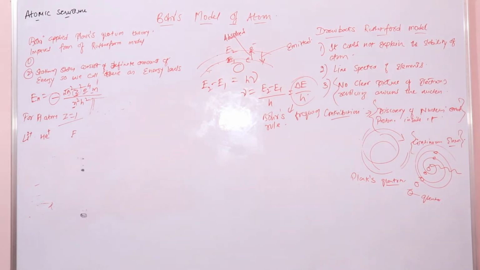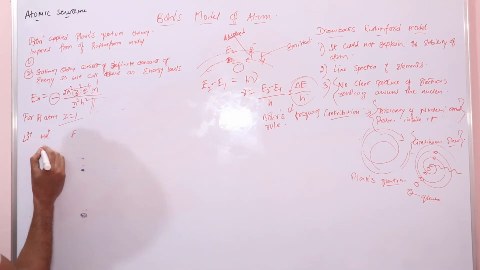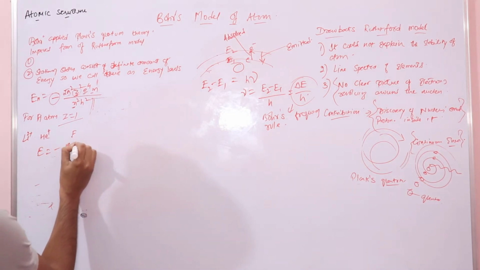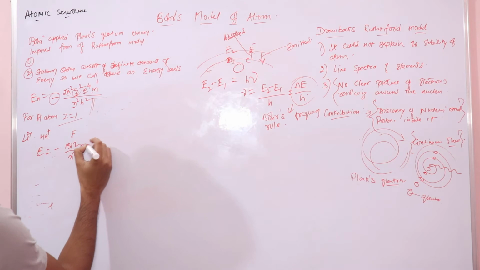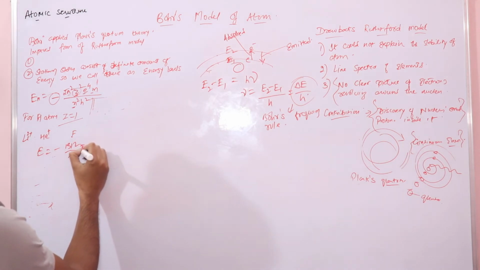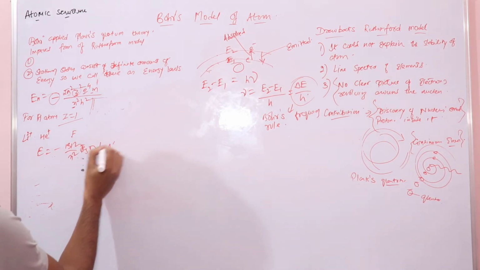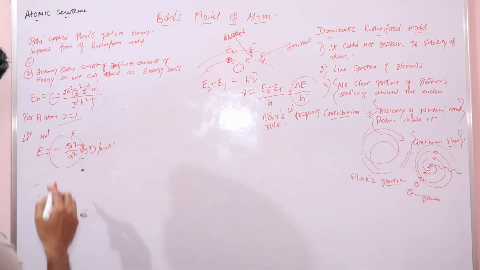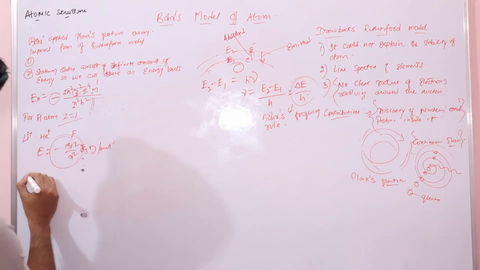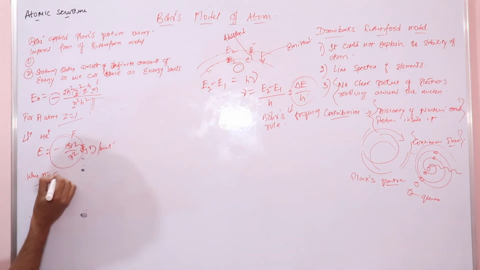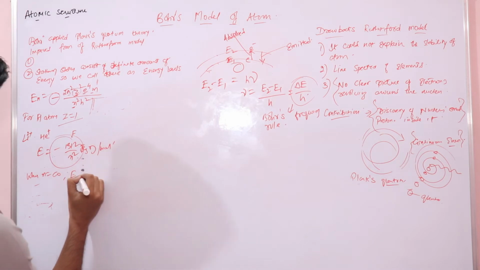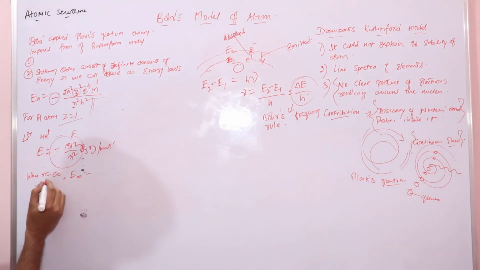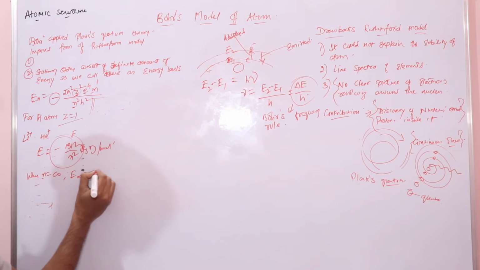And we have already understood the concept of negative energy. Why is this energy, E equals minus 1312 upon n square kilojoules per mole, negative? We have discussed that the energy at n equals infinity is 0.